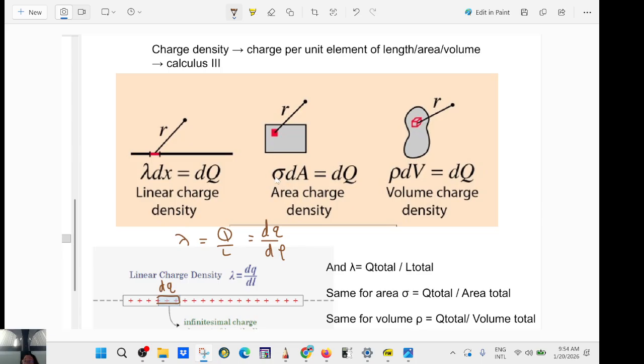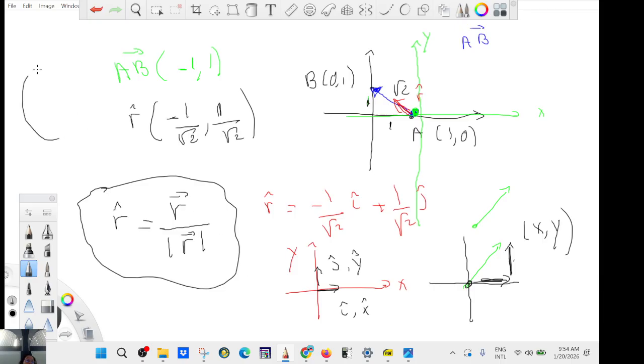Likewise, we can have sigma, which is the charge per unit area. For example, if I take a Van de Graaff generator, you have a globe. This is a surface, it's 2D.